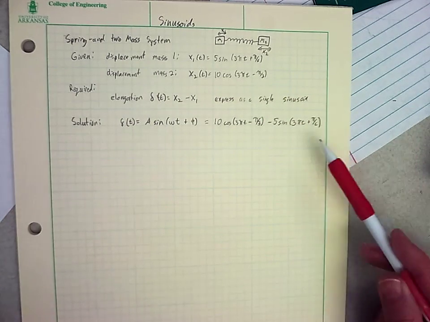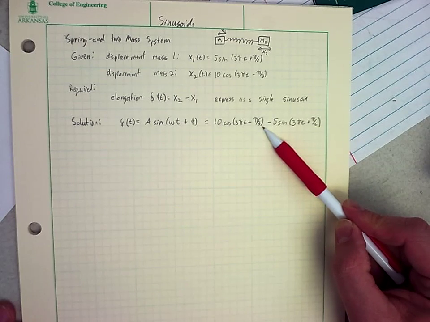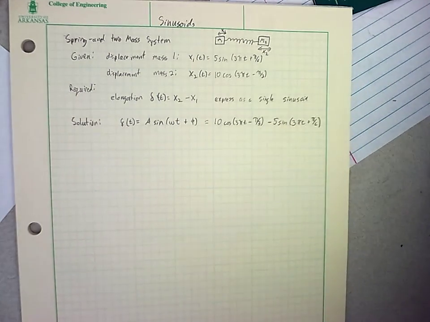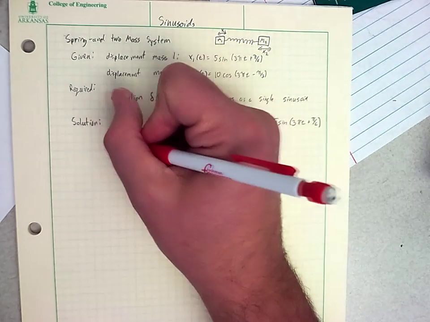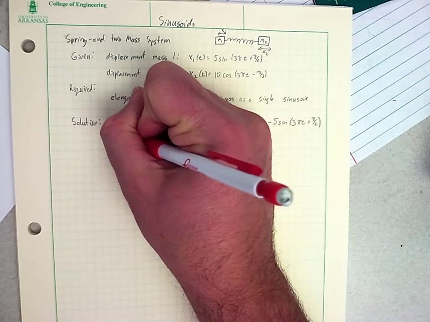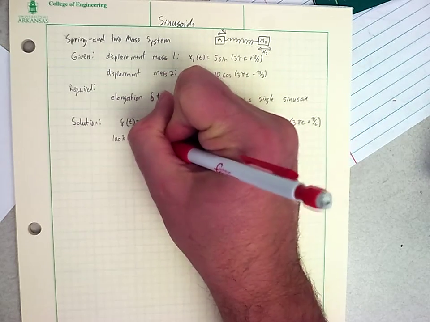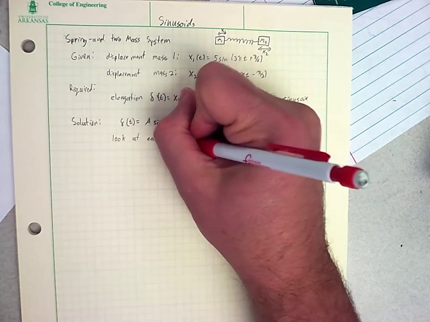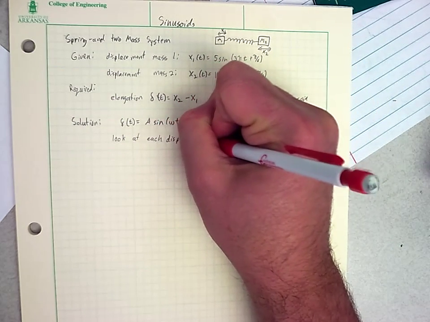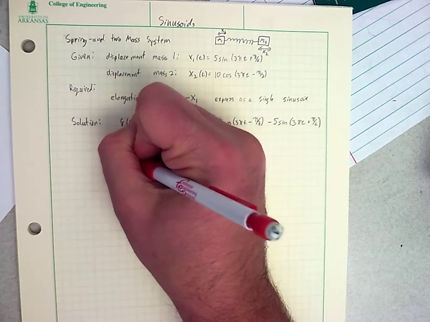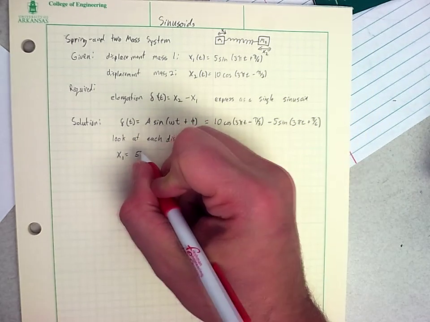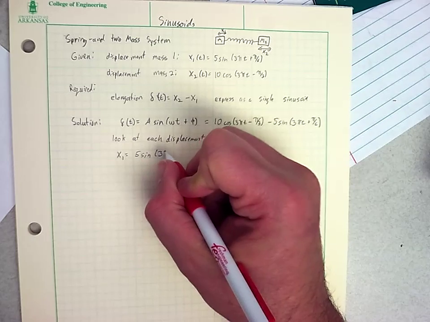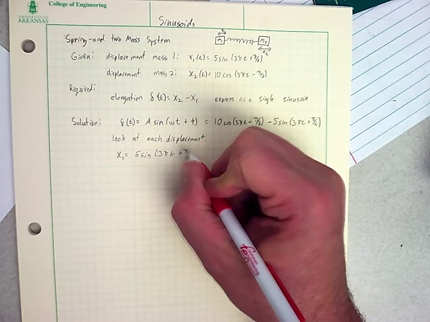So again, because we have these phase shifts or phase angles associated with each one, we can't just use the same method we did before, but we can use the same concepts in that if we look at each displacement, we have x1 is equal to 5 times sine of 3 pi t plus pi over 6.